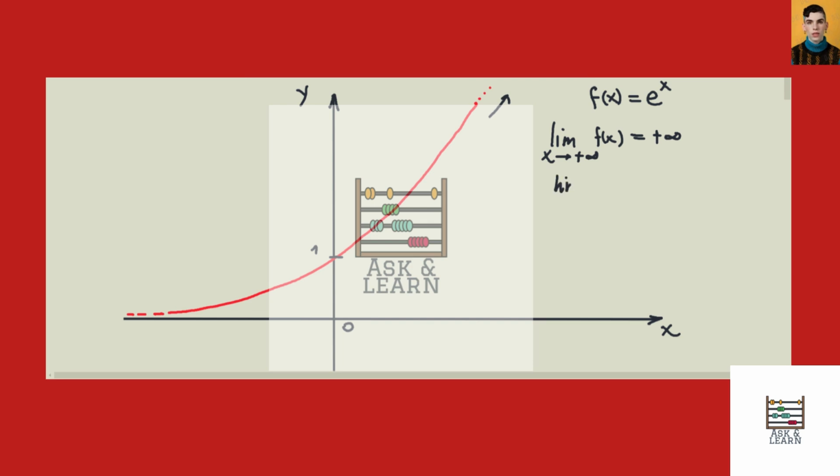And the other property is that the limit when x goes to minus infinity is 0. And that means that the function is getting closer and closer to 0 when we move to the left of the graph. That is, when we make x large but negative.